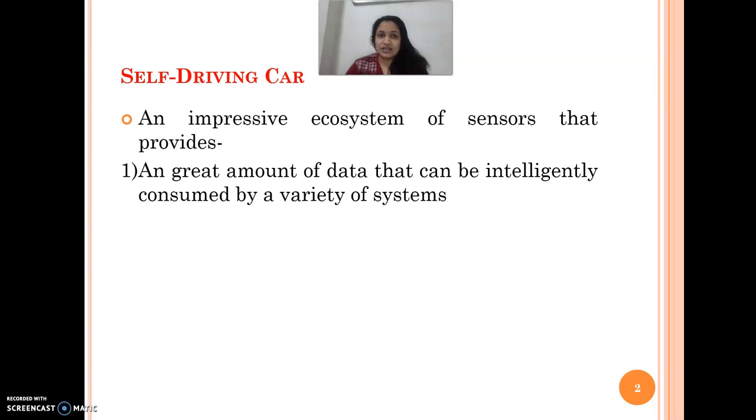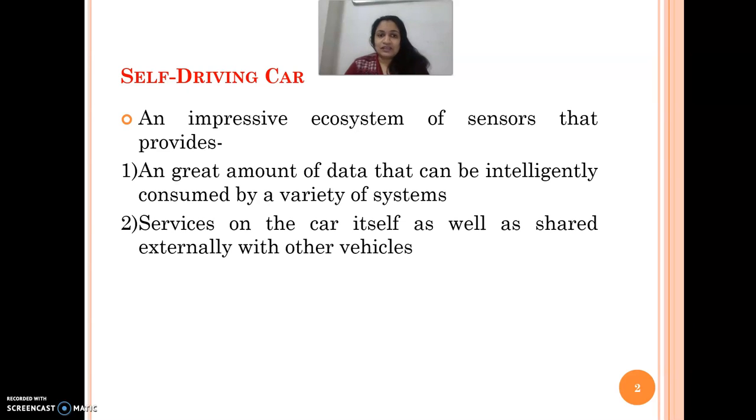They provide us a great amount of data that can be integrated and consumed by a variety of systems. We can have the services on the car itself as well as shared externally with other vehicles. I can share variable data with the use of these sensors with other vehicles also, so that it will be helpful for getting any kind of help if it is needed.